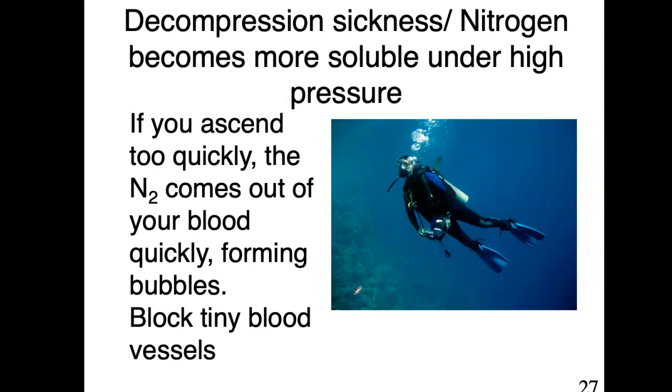So the ascent is very slow, so that little by little the nitrogen that had dissolved into the blood under the higher pressure will slowly exit the blood again, and there is no problem. Then you can ascend up to the surface, and slowly those molecules will leave solution. You force them into solution by going down deep.